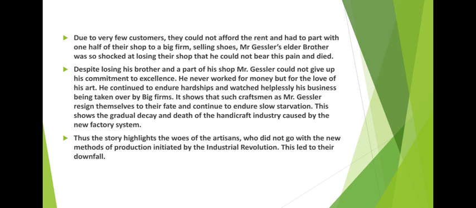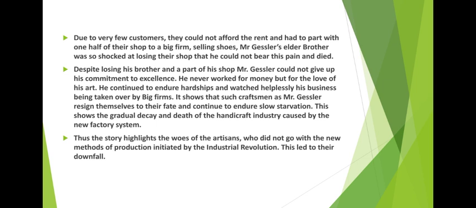Despite losing his brother and a part of his shop, Mr. Galsworthy could not give up his commitment to excellence. He never worked for money, but for the love of his art. He continued to endure hardship and watched helplessly his business being taken over by a big firm. It shows that such craftsmen as Mr. Galsworthy resign themselves to their fate and continue to endure slow starvation.